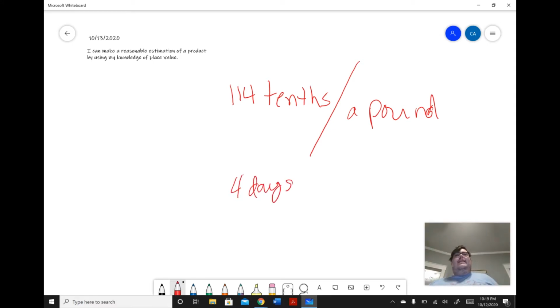If I wanted to write this as an expression, I could write it as 114 tenths times 4. Now, here's why I thought Earl the Squirrel needed 456 pounds of food.